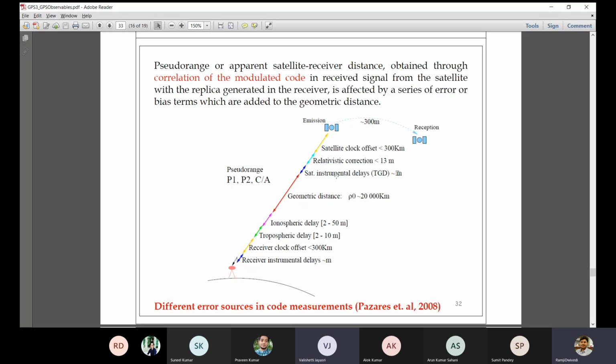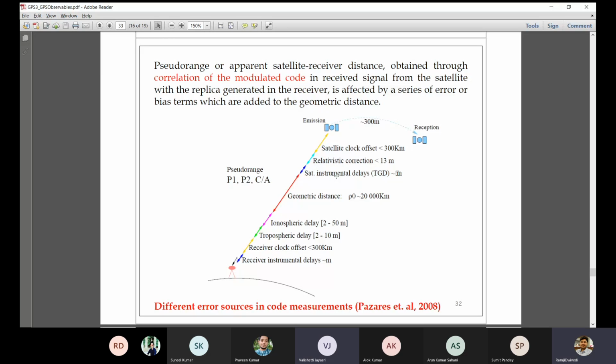I've told you also that if this clock or the time of travel estimation has an error of 1 microsecond, just imagine 1 microsecond, the error in the length measurement or the range measurement would be 300 meters.